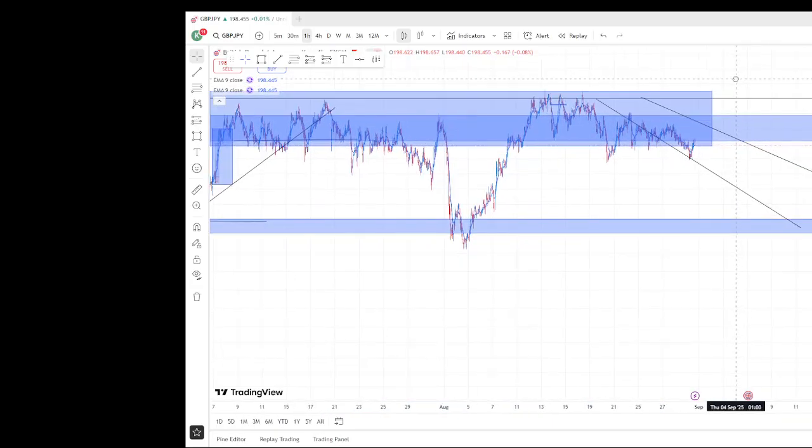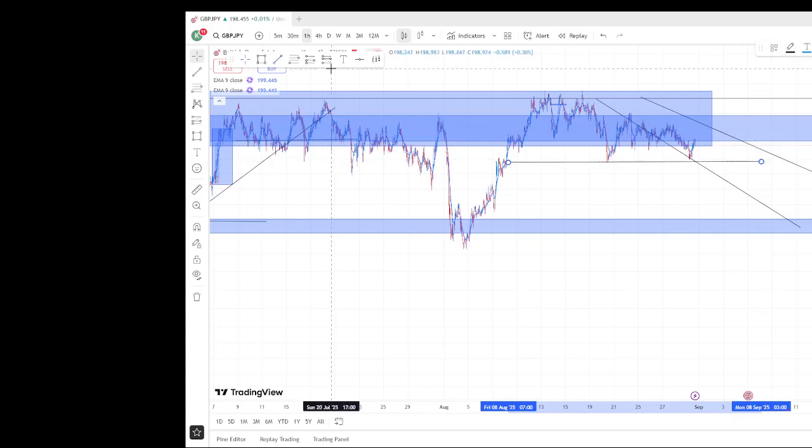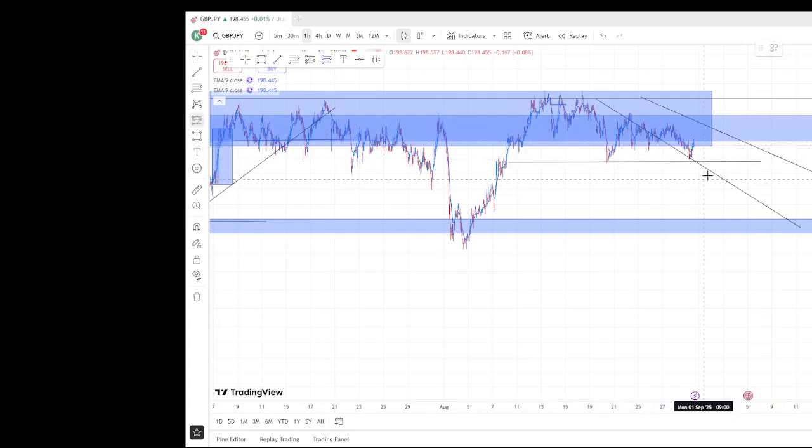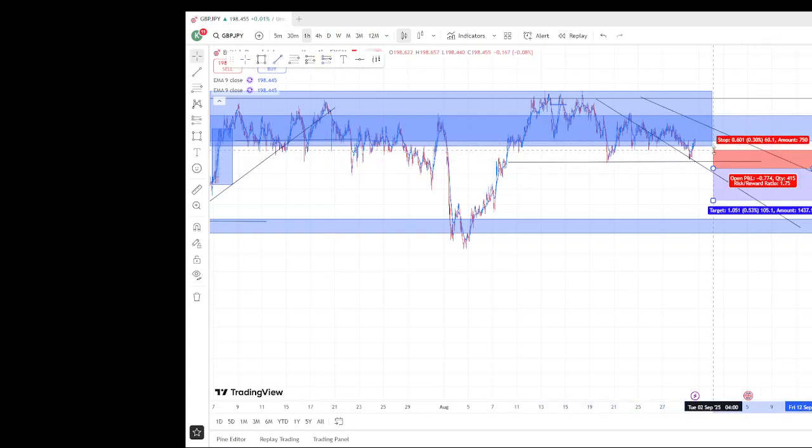So that is what we're waiting for, a break of the market structure, possibly a break of this area to the downside right down here. It would look something like this.